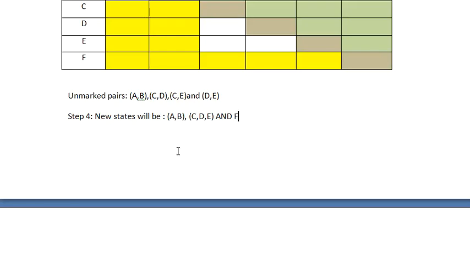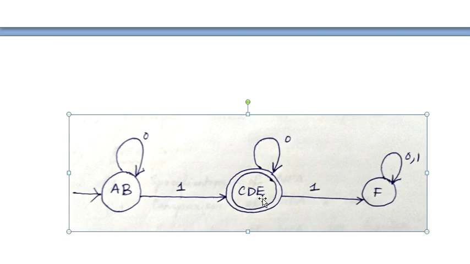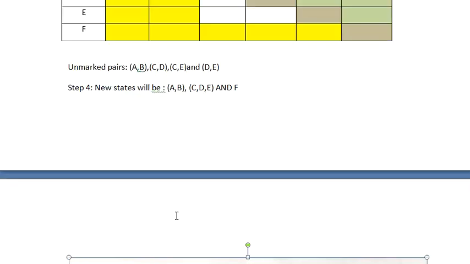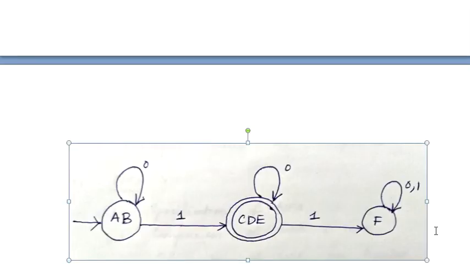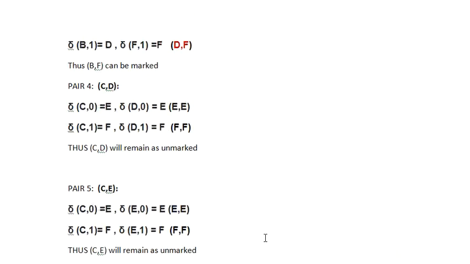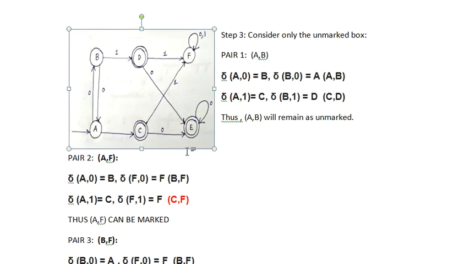And now if I draw this diagram, the diagram will be like this. AB will be marked together, I have already told you, CDE will be together, and F will be another state. Now look into the diagram very carefully. I will give you two diagrams.